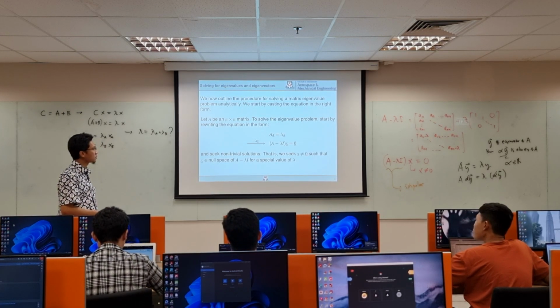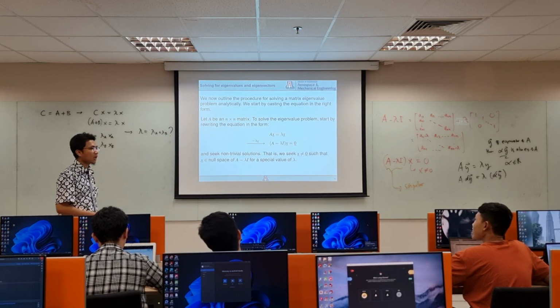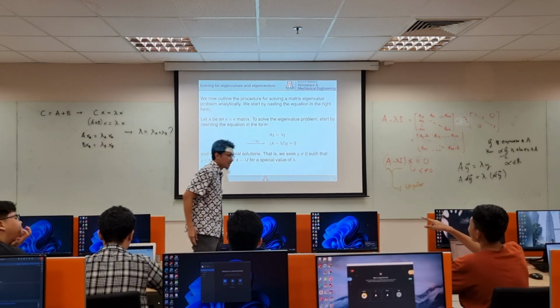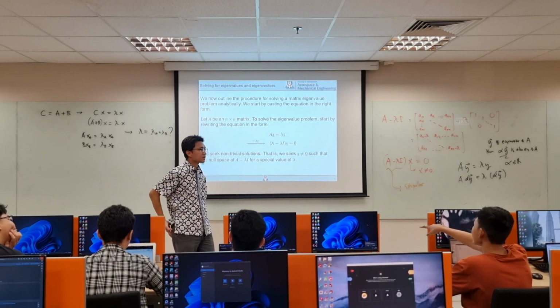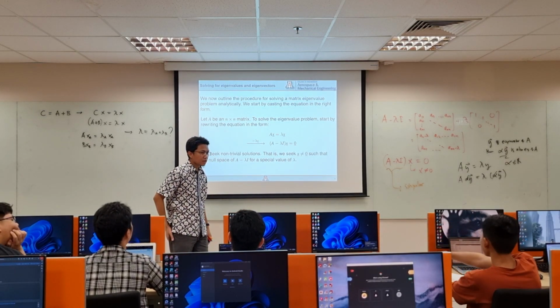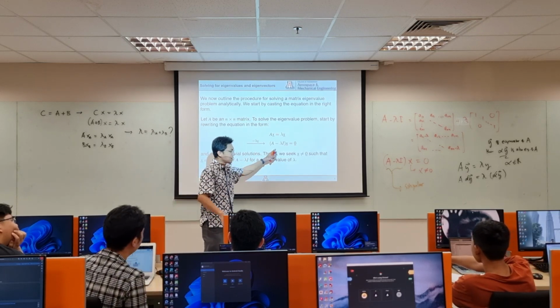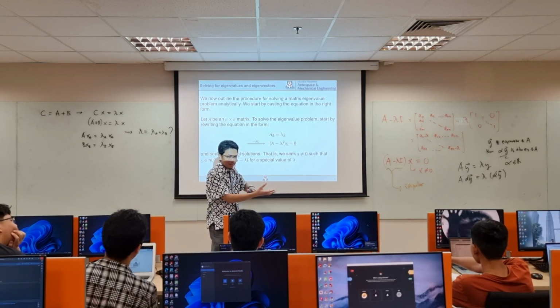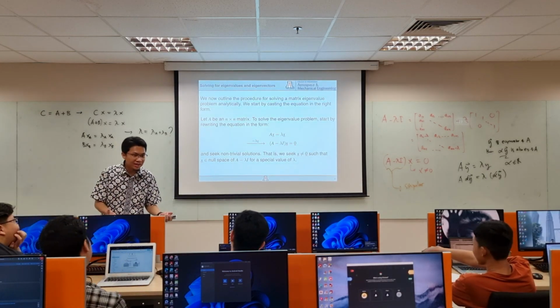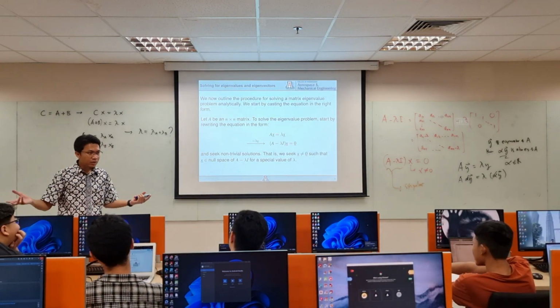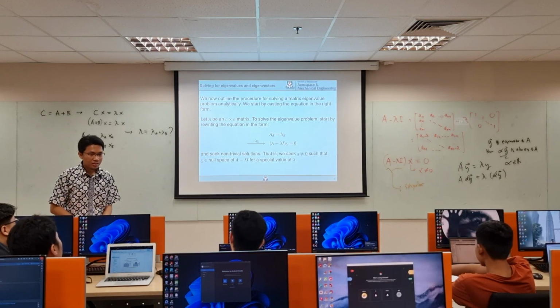We compute the determinant of A minus lambda I. It is singular, so the determinant is 0, right? If the determinant is something else, we cannot compute at all.